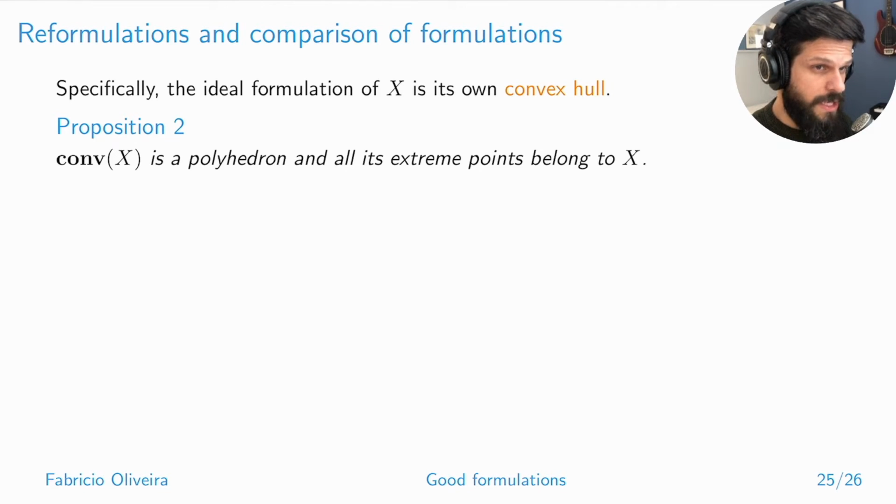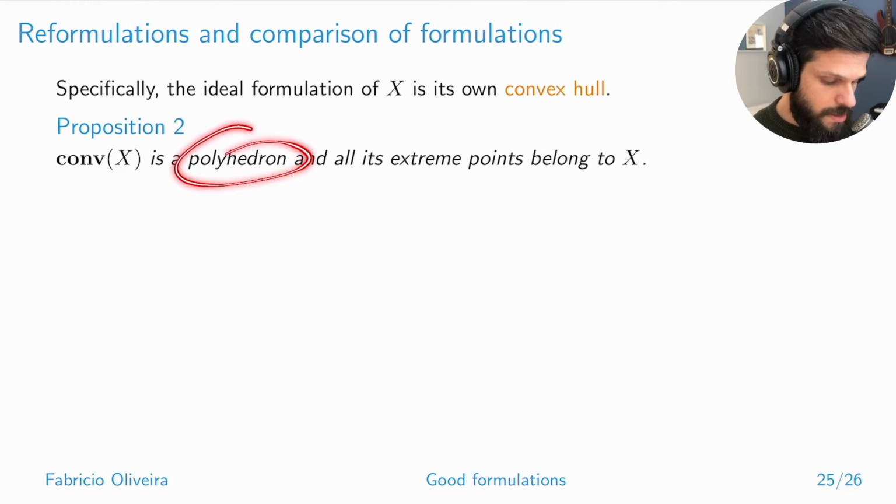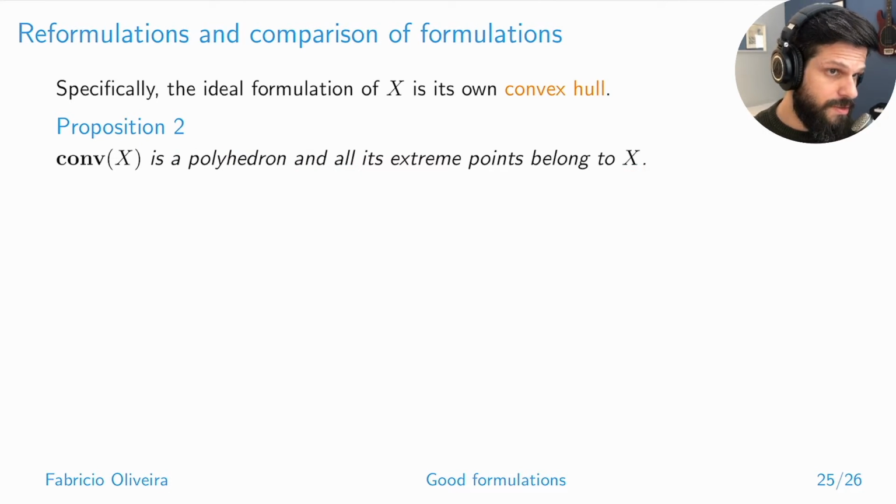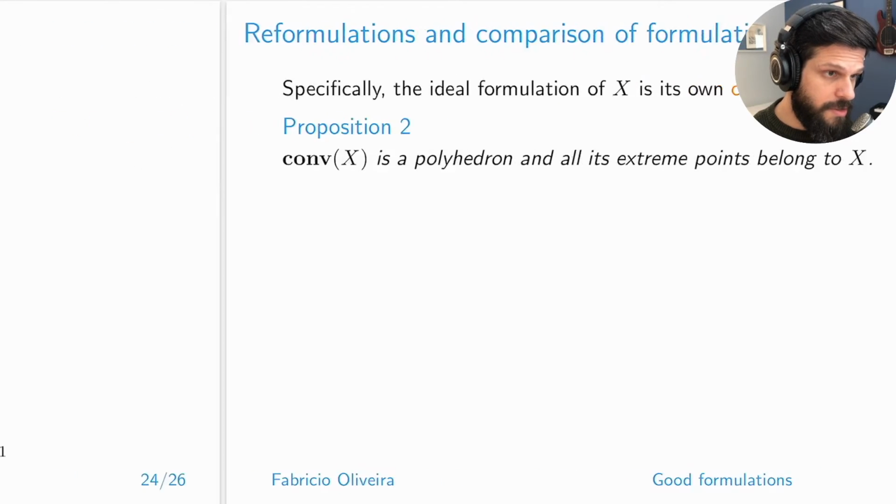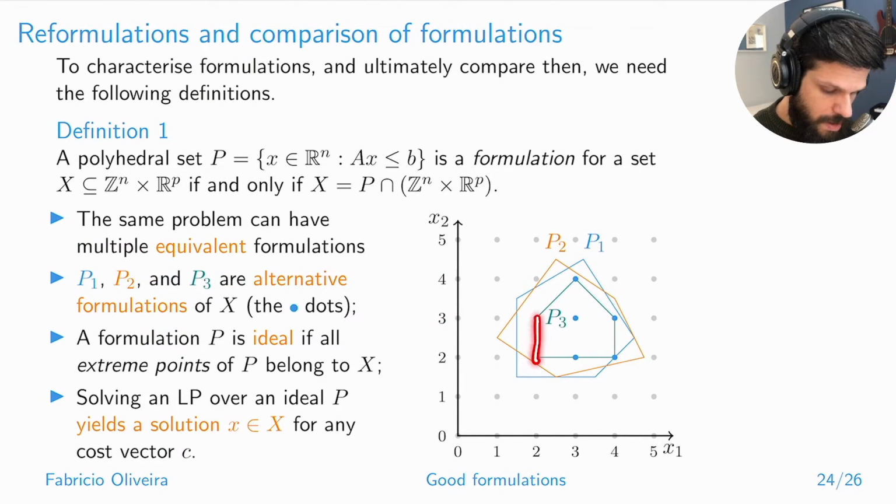And we saw this a couple of times now, that the convex hull of a set X is a polyhedral set, and all its extreme points will belong to this set X. So this proposition is basically showing what we had in that picture with that green polyhedral. If the polyhedral is the convex hull, it means that the extreme points belong to X. And these are going to be the candidates for optimal whenever you're optimizing something that is linear.